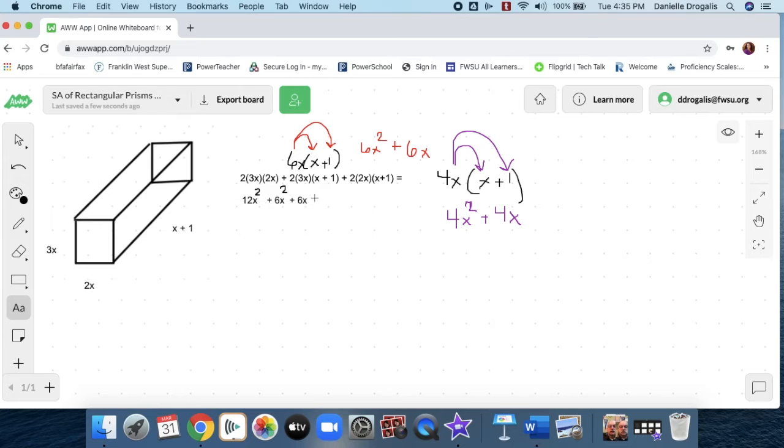So we're going to add those together. So plus 4x squared plus 4x. Okay, so we've consolidated here. 12x squared plus 6x squared plus 6x plus 4x squared plus 4x. So we really are at the point where we want to combine like terms.